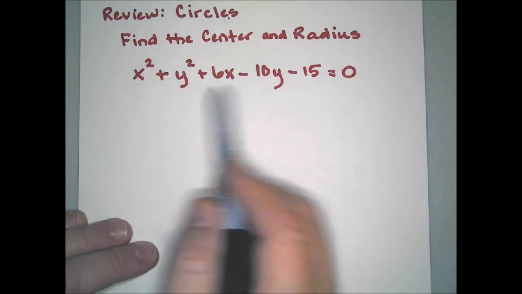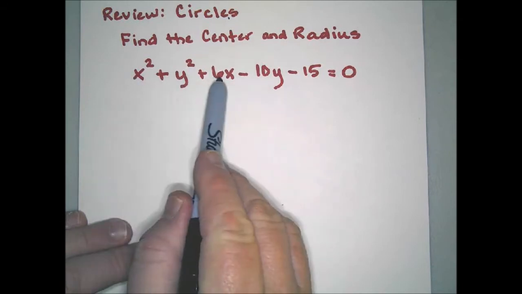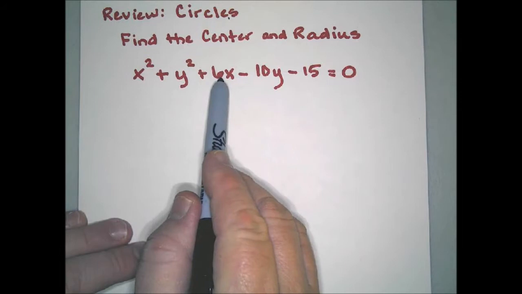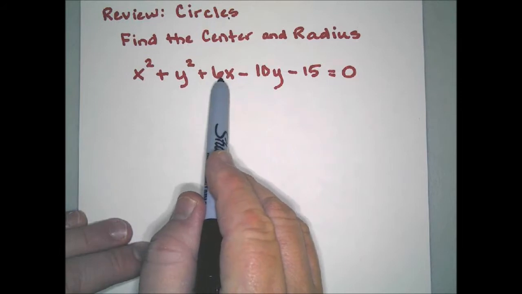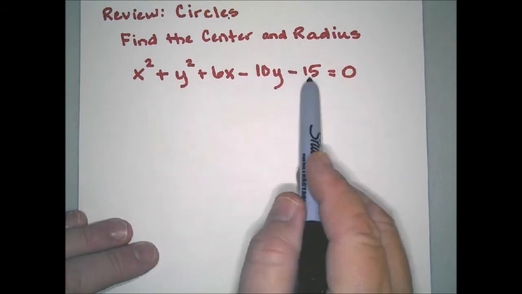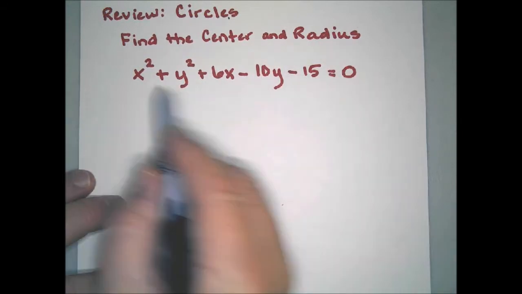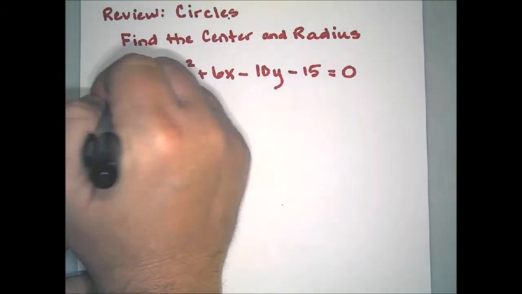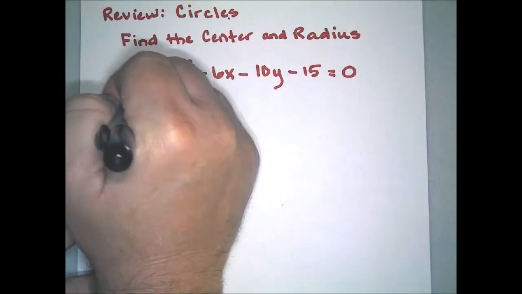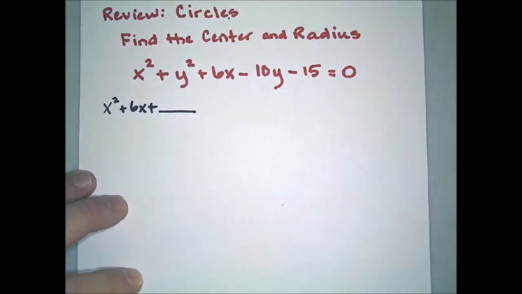So I'm going to do quite a few steps at once. I'm going to group my x's together. I'm going to make room for that third number that completes the square. I'm going to do the same thing to the y's, and I'm going to move the minus 15 to the other side. So it'd be x squared plus 6x plus the missing number.